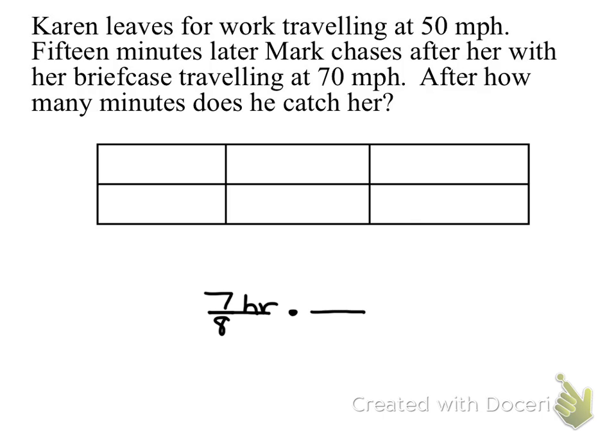So what's going to go in the denominator? Minutes or hours? Hours. So I'm going to say 1 hour is to 60 minutes. This is really just a fancy 1. So now I can cross cancel. I multiply across.